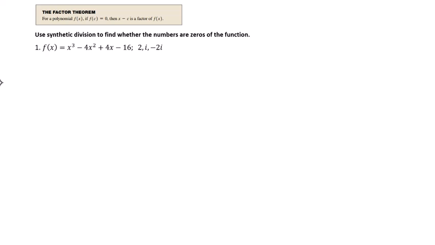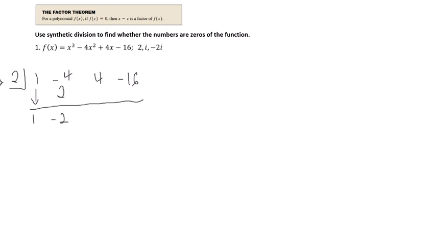So we're going to take these three examples here, 2i and negative 2i, so imaginary i, and plug in. Power of 3, power of 2, power of 1, so nothing's skipped. So I'm going to put a 2 here. 1, negative 4, 4, and negative 16. 1, multiply, you get 2.